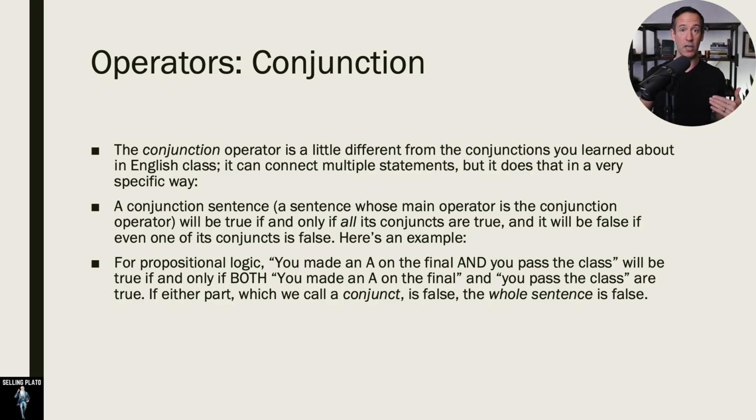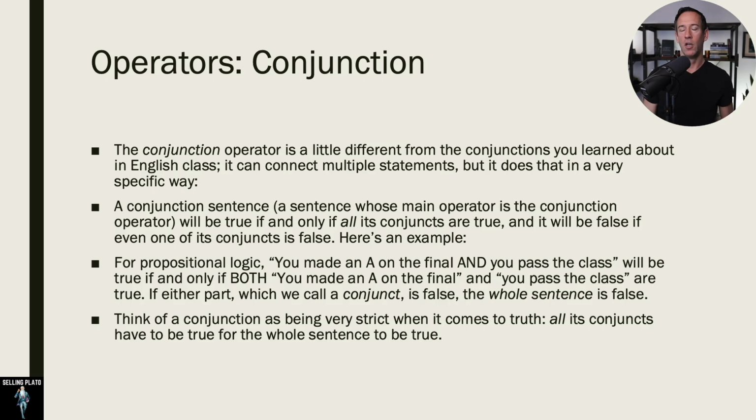And when the conjunction operator is the main one, then that's going to be a conjunction sentence, even though it might have a lot of other operators within it. And you'll see what I mean later on. So maybe it's helpful to think of a conjunction as being very strict when it comes to truth.